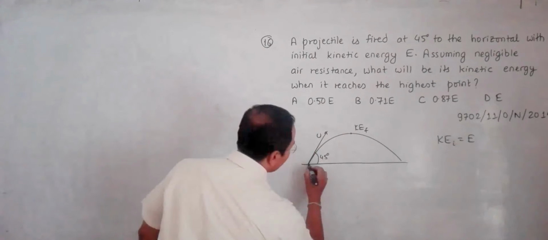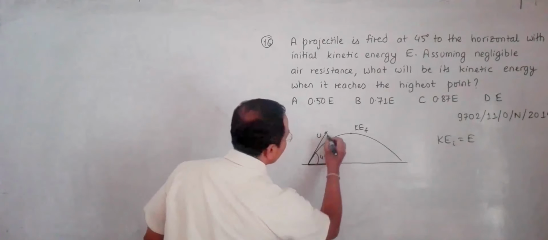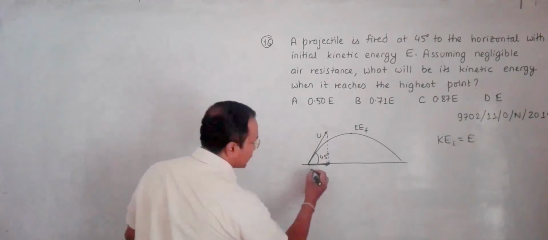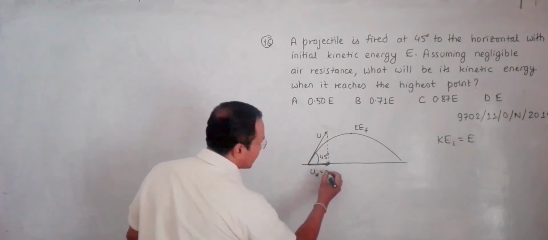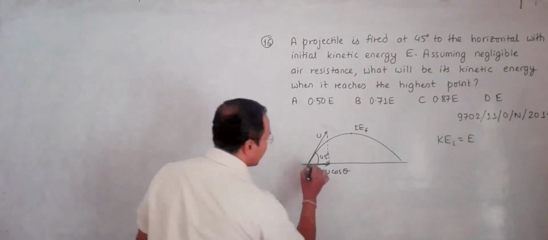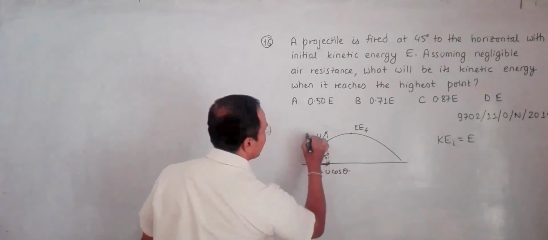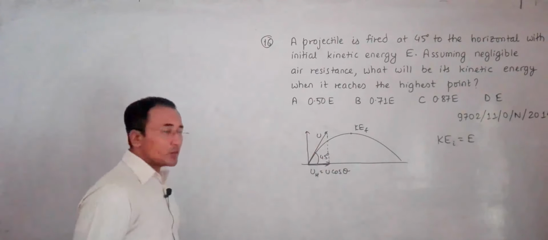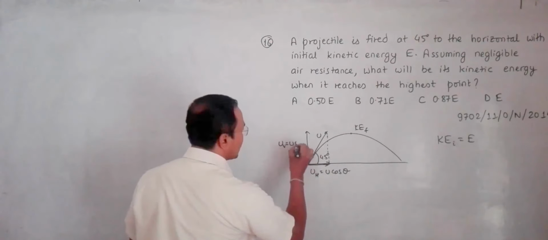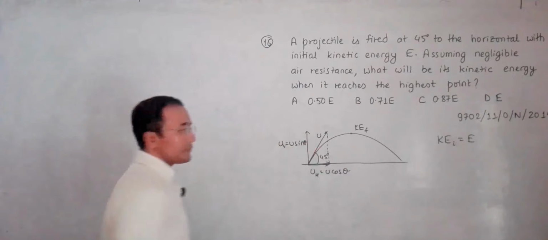At that time, the horizontal velocity, which we often call the horizontal component, will be equal to uH equals u cos theta. And the initial vertical component has a value of uV equals u sin theta.